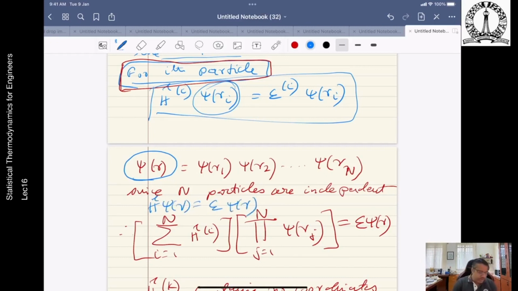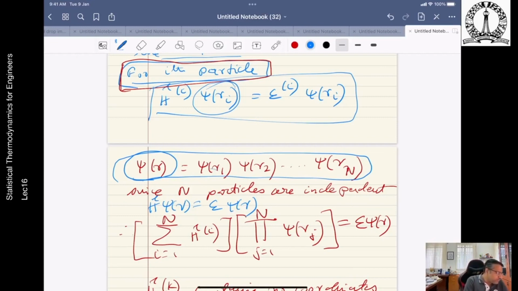So the overall wave function should satisfy this particular expression. For independent particles, the wave function becomes something like that, because it is a multiplicative of multiple particles. So these single particle wave functions are written as psi r1, r2, and r3.